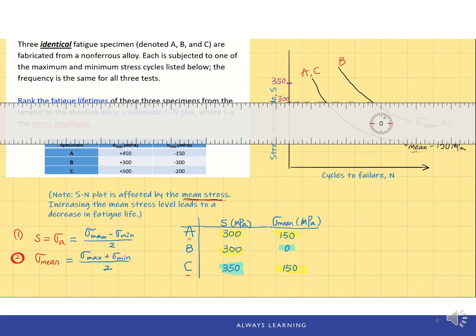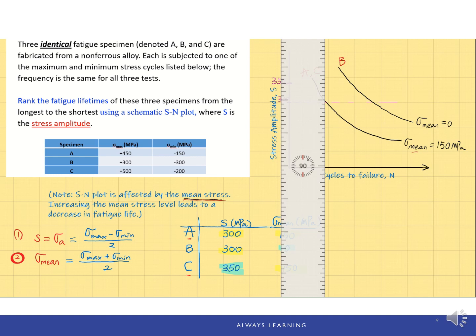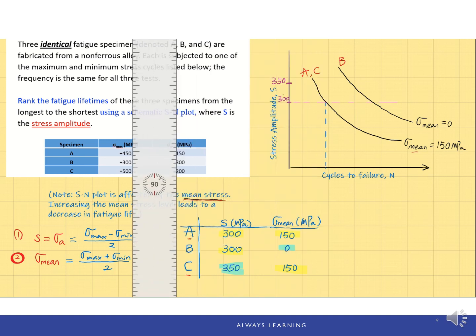For samples A and B, the stress amplitude is the same, so I'm going to draw this line right here. For sample A, the lifetime is read off from this intersection. The stress amplitude is 300 megapascal and the mean stress level is 150.